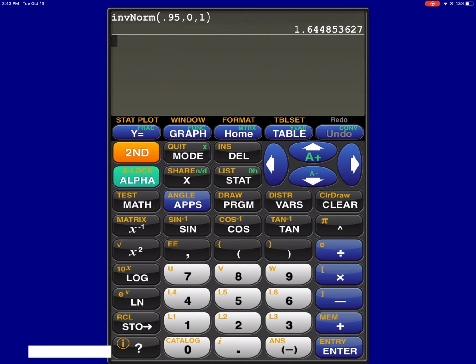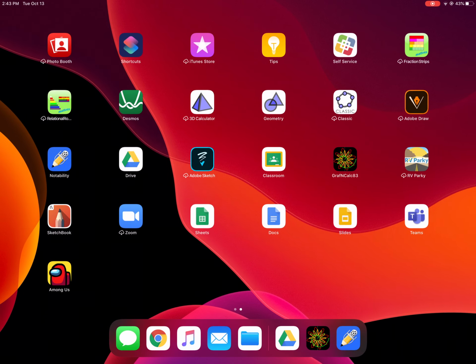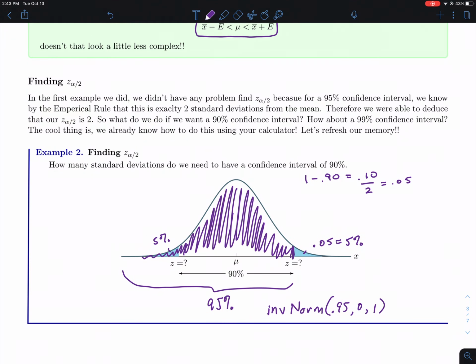Usually with these, we round them to 2 decimal places, so I'm going to leave this as 1.64 as my z-score. Let's see, where did my picture go? Here we go. So this z-score is 1.64, and since this is the standard normal, the other one is just going to be negative 1.64.